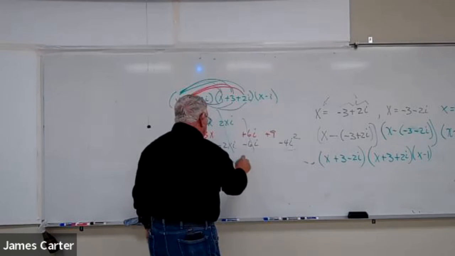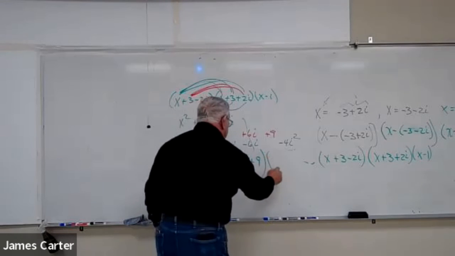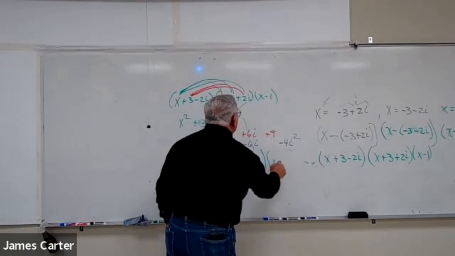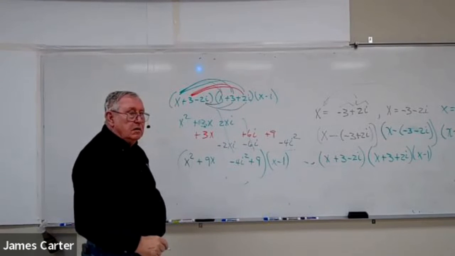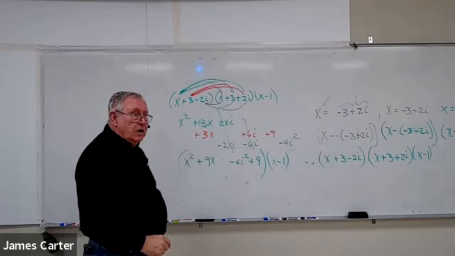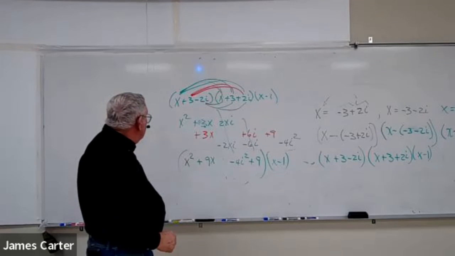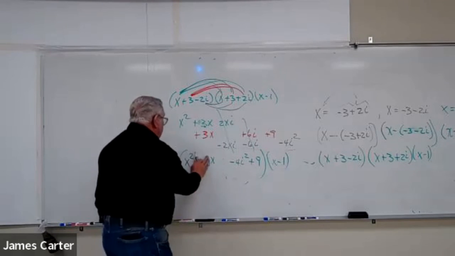Minus 4i squared plus 9. All of that is still times the x minus 1. Okay? Did I make a mistake somewhere? Where? So we added, right, so that was 6 instead of 9. Yes, thank you.